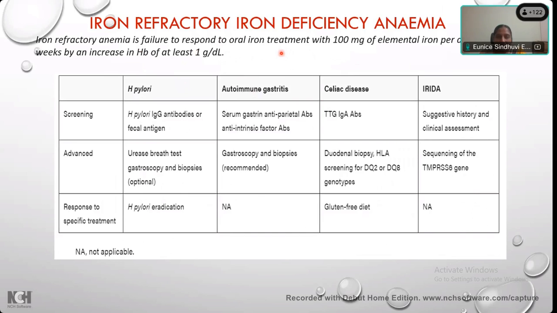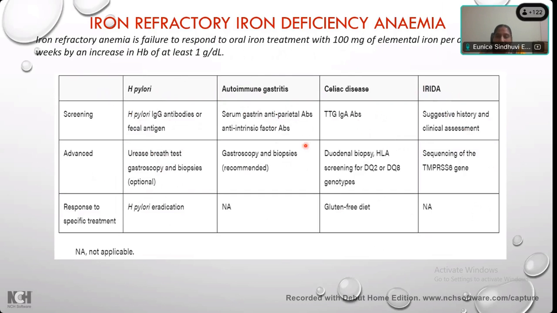It is a failure to respond to oral iron treatment with 100 milligrams of elemental iron for 4 to 6 weeks, with at least an increase of 1 gram per deciliter. The common causes should be ruled out before we suspect a case of IRIDA, like H. pylori by doing antibodies or urease breath test, or TTG for celiac disease, and antiparietal antibodies.